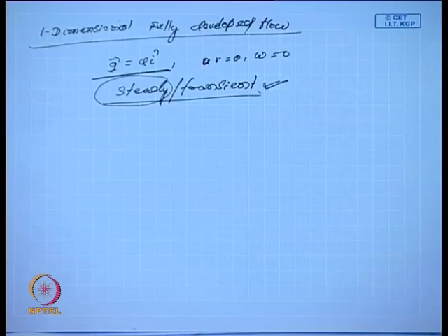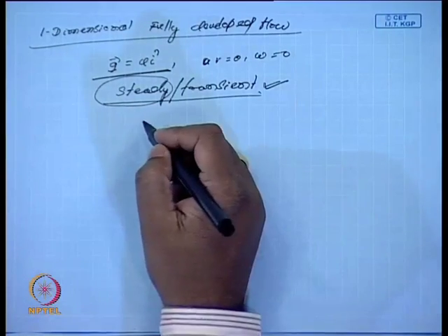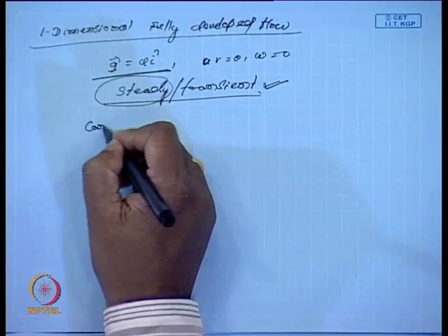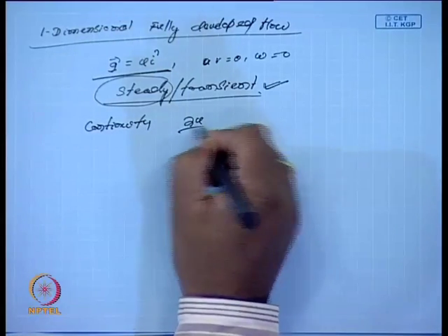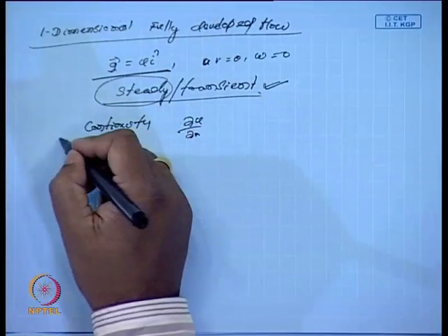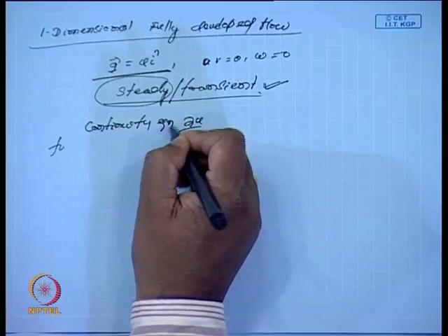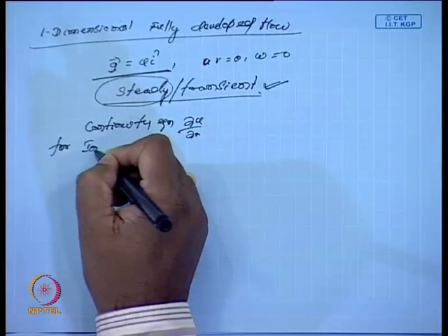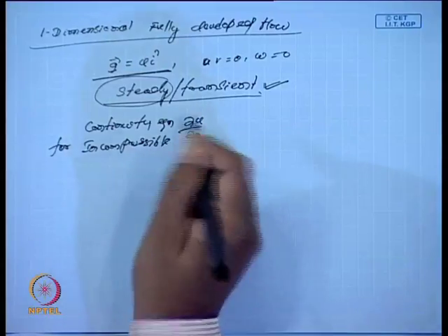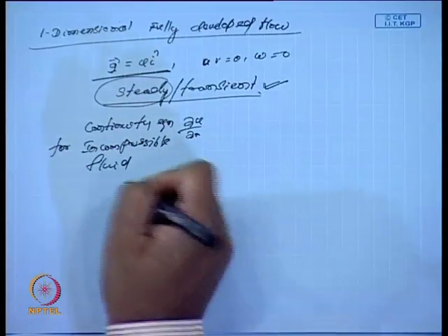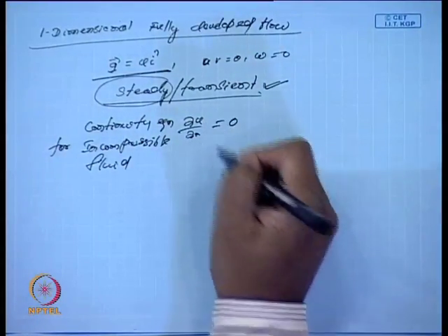If this is the case, then for an incompressible fluid, the equation of continuity, the continuity equation for incompressible fluid, will give us that del u by del x is 0.